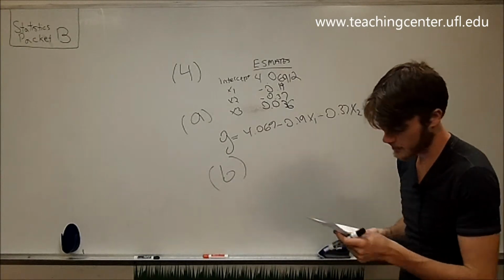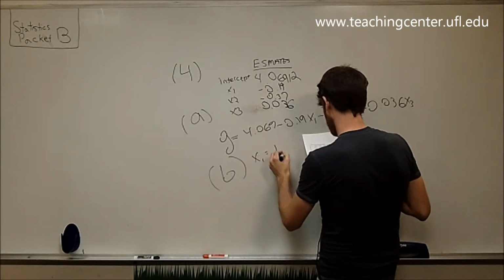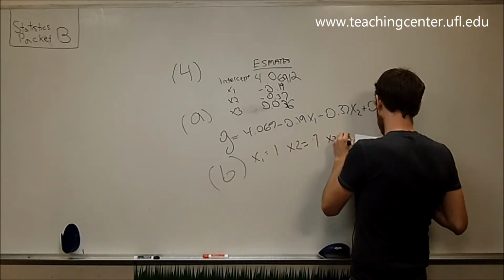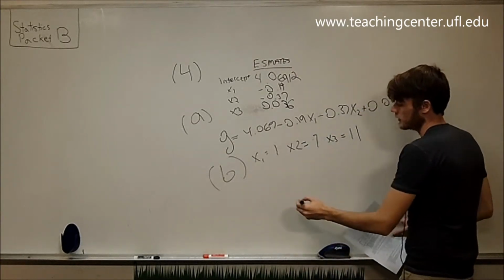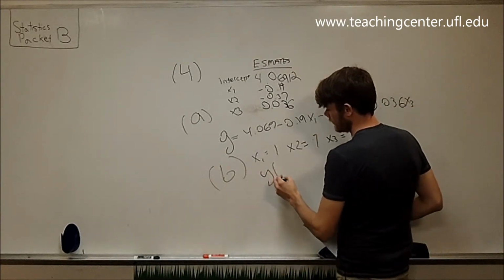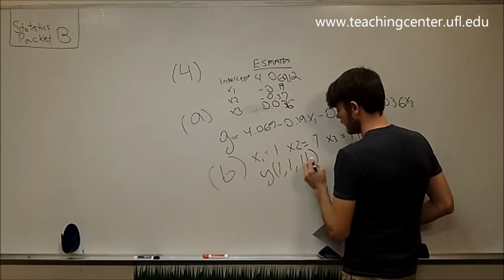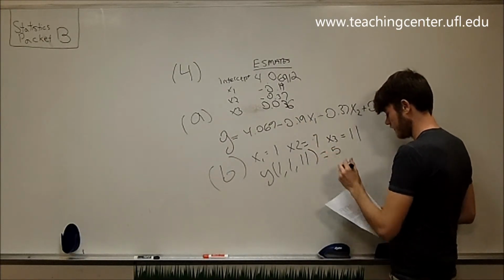Okay, that was A, now we have B. Let's see, so now we want our value at x1 equals 1, x2 equals 1, x3 equals 11. And we're given that the true value that we found when we collected the data was 5.